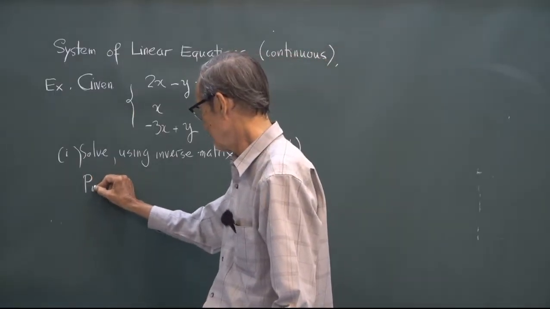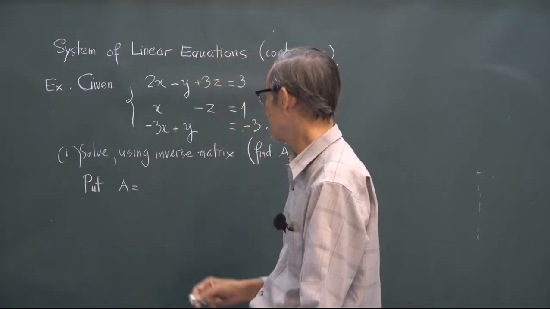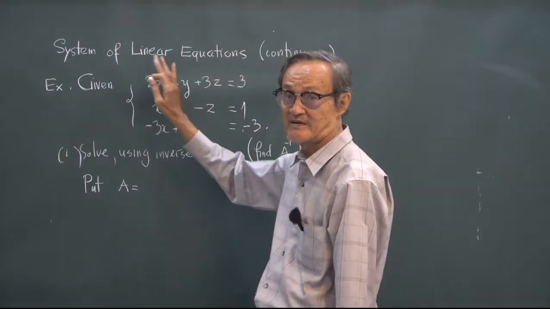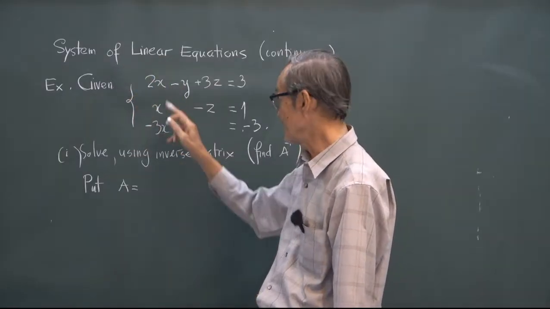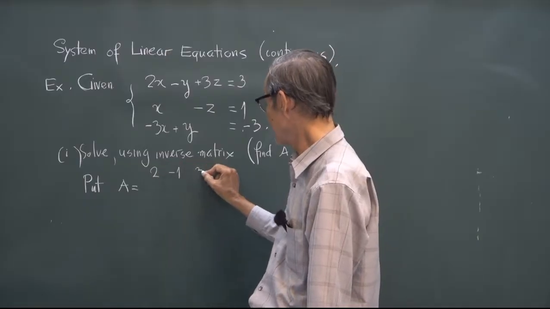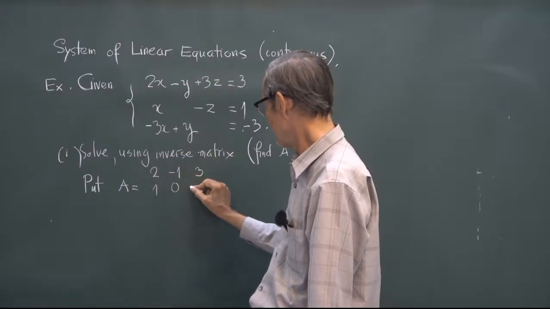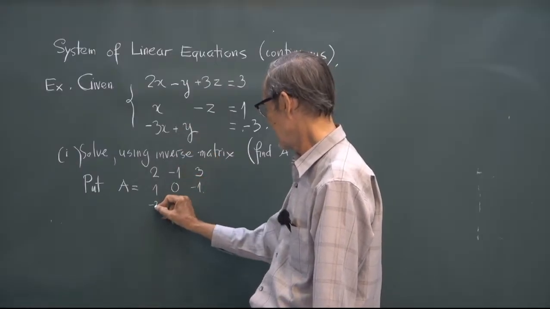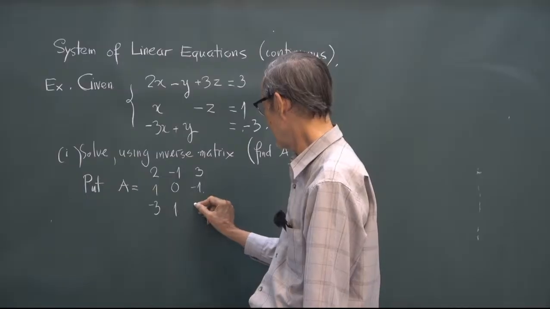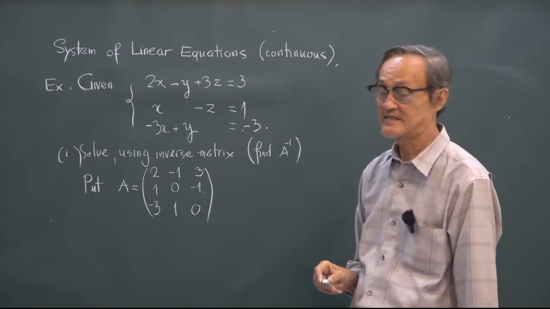Now first we put the coefficient matrix, the coefficient number before each variable: 2, minus 1, 3, 1, 0, minus 1, minus 3, 1, 0. That is the coefficient matrix.